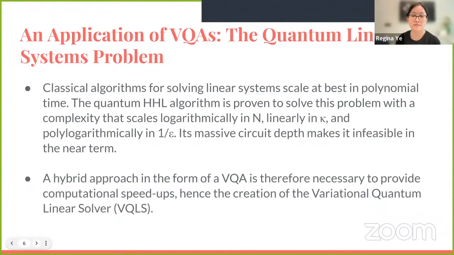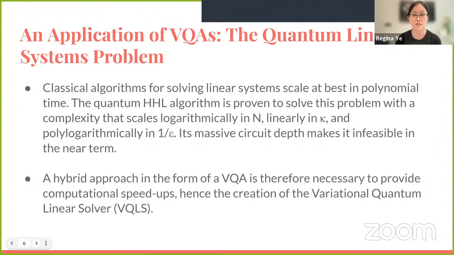So on to VQLS. Moving away from a description of the overall structure of a VQA, let's talk about one specific application of VQAs, of which there are many, as previously mentioned. Linear systems of equations can be solved classically in polynomial time. Linear systems represented by a matrix A can be solved by the HHL algorithm, which is a quantum algorithm.